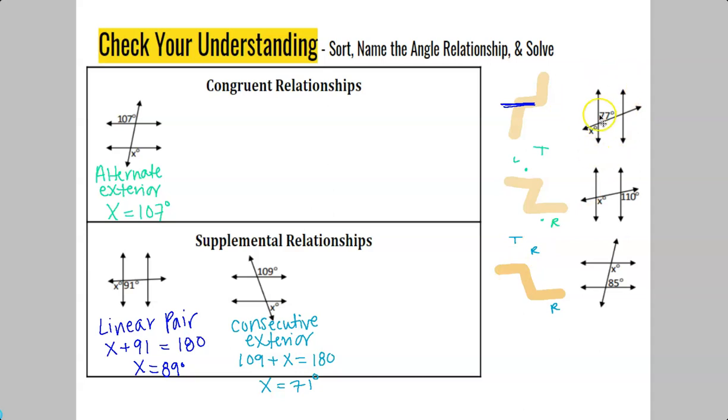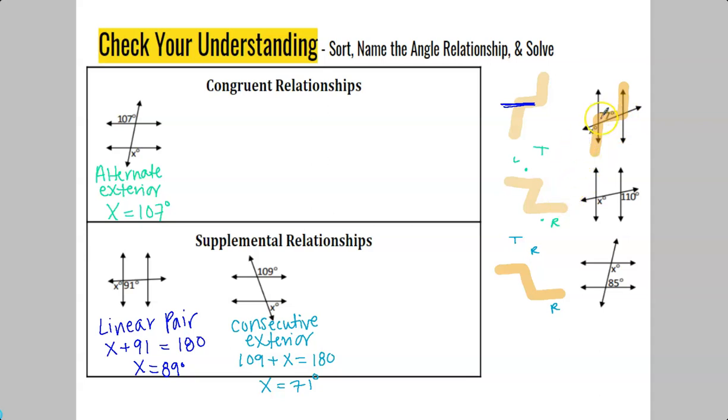All right, let's look at another one. So let's look at this one up top. If I'm drawing my z, again, kind of weird because my parallel lines are vertical. So if I draw my little z here, notice again, we've got this situation where I've got an angle that is on the inside of the z and an angle that's on the outside of the z. So that means it can either be a linear pair or it could be vertical.